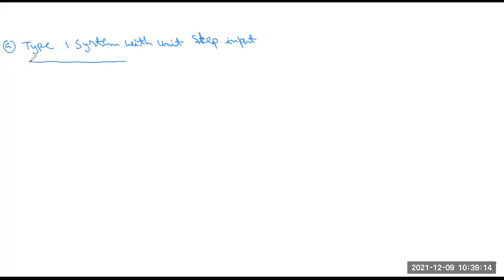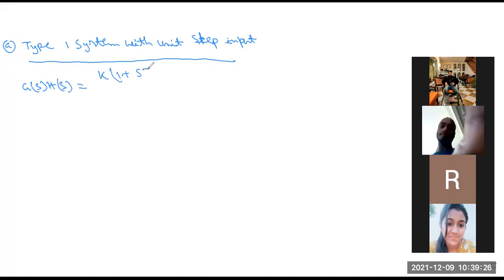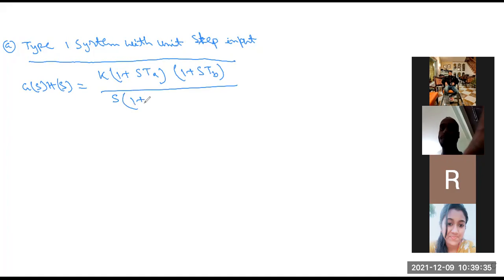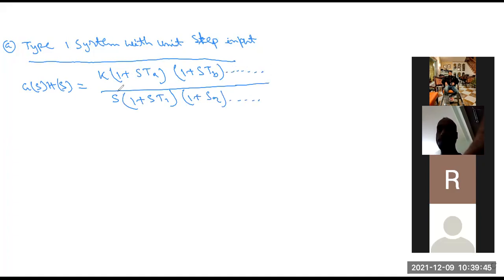Okay, so this is the type 1 system with unit step input response. The transfer function G(s)H(s) equals K into (1 plus sTa) into (1 plus sTb), and the poles part is s into (1 plus sT1) into (1 plus sT2). These are the n number of poles and zeros that we input in the transfer function equation.